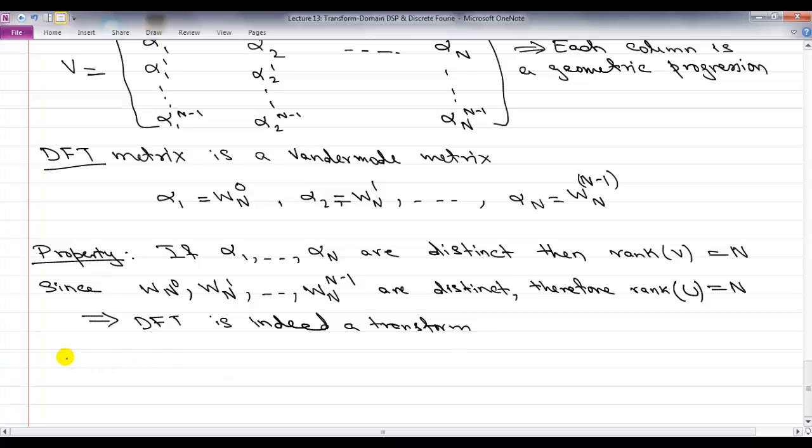Well, in fact, you could check it other ways too. In fact, it is an orthogonal transform because any two columns of this matrix are orthogonal to each other. So in fact, the DFT is an orthogonal transform.